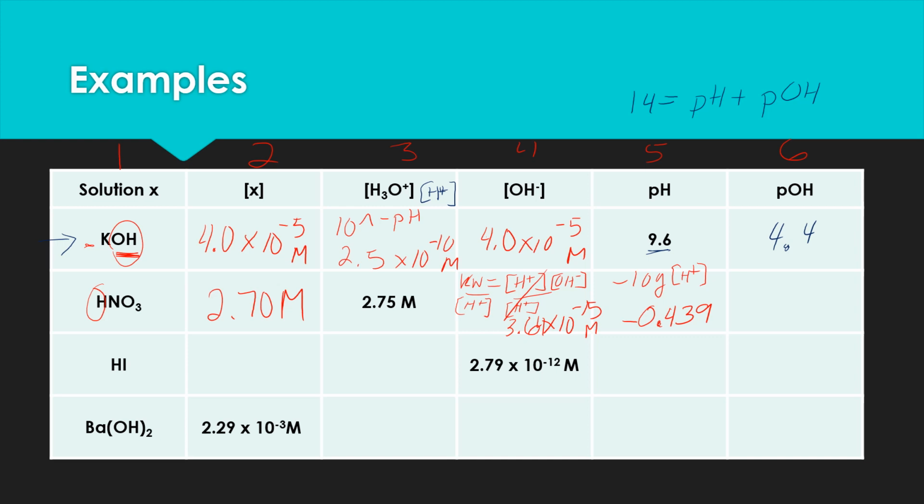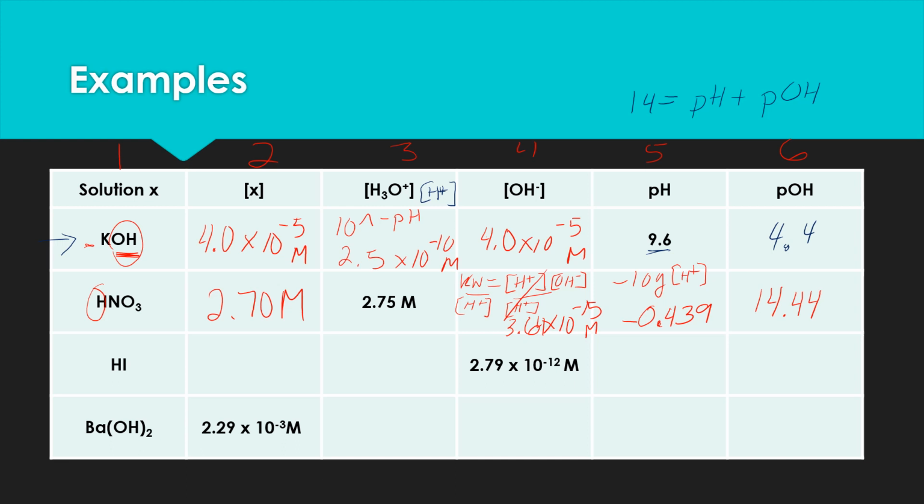And our pOH, we have negative log of 3.64 times 10 to the negative 15th. We get 14.43 or 404. All right. So definitely getting some different numbers there, above 14, below 0 in terms of our pH and pOH. That's telling us it's a really strong acid.